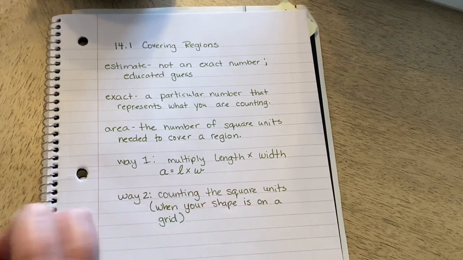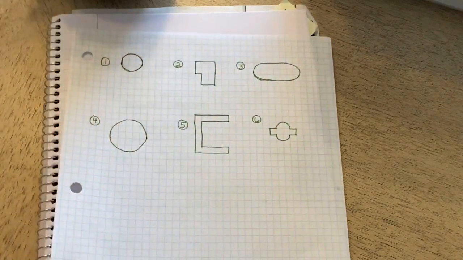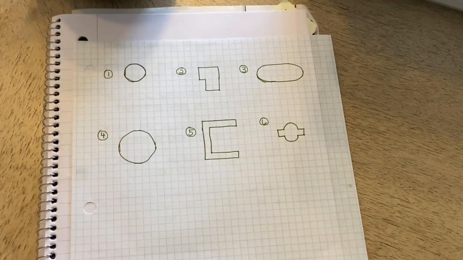All right, so what I've done to actually practice this is, and I know you might need to pause the video to finish your notes because I'm moving quickly, what I've done to show this or to practice this is I have taken your student textbook and drawn some shapes here on grid paper.